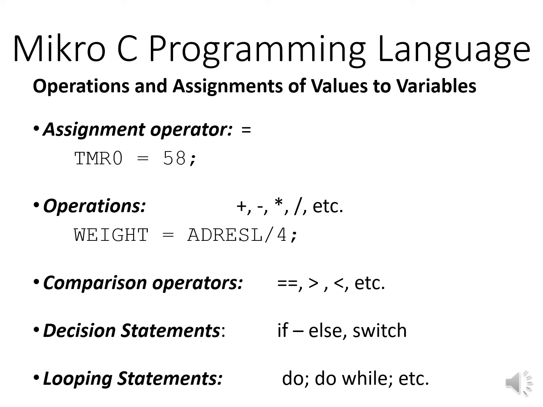The variable weight is a variable that would have been declared by the programmer. We also have got some examples of operators that are used when making comparisons, and some examples of statements that are used when deciding between the path a program is taking and when looping in a program.